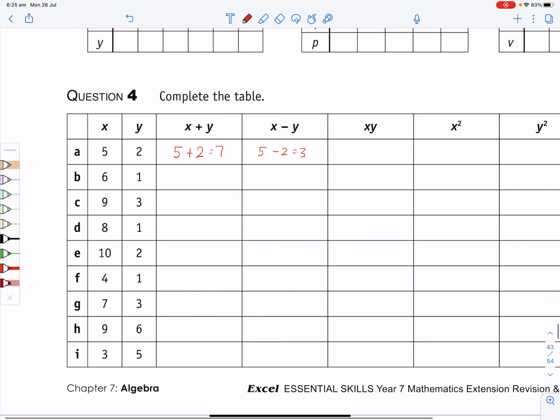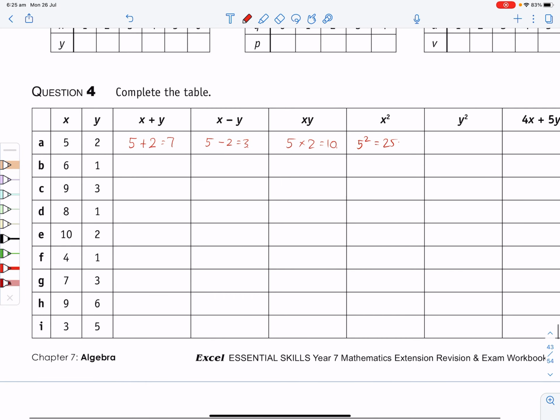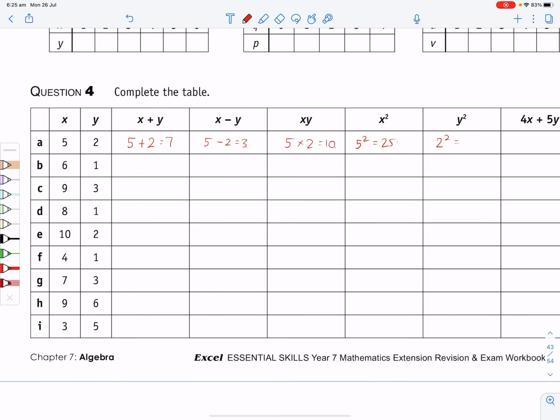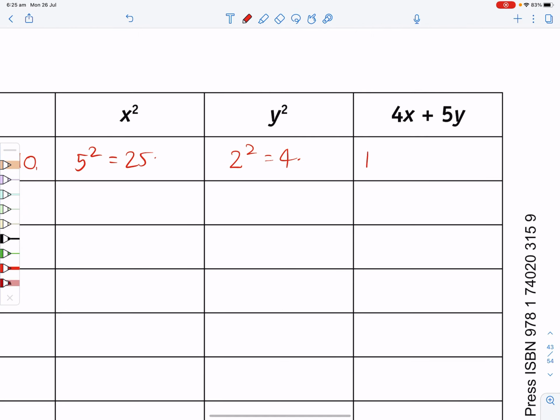The next one, we've been asked to find x times y. And the next one, x squared is 5 squared, which is 25. The next one, y squared, 2 squared, which is 4. The next one is 4 times x plus 5 times y, which is 20 plus 10, which is 30.